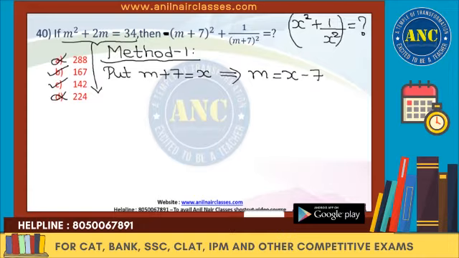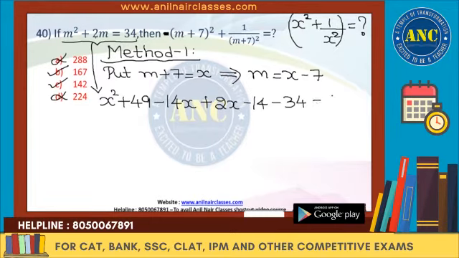This equation becomes m square is (x minus 7) whole square. That means x square plus 7 square minus 2 into x into 7, that is 14x, plus 2 times (x minus 7), so it is 2x minus 14, and shift the 34 from the right hand side to the left hand side, it becomes minus 34.